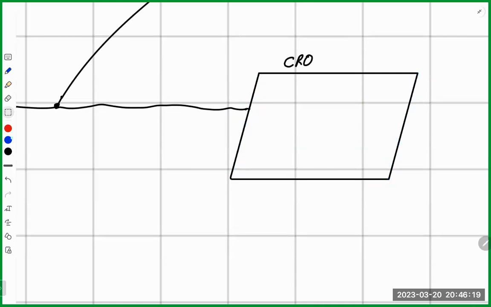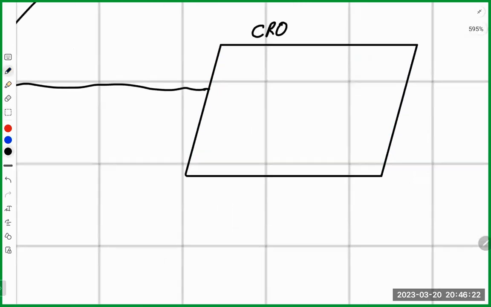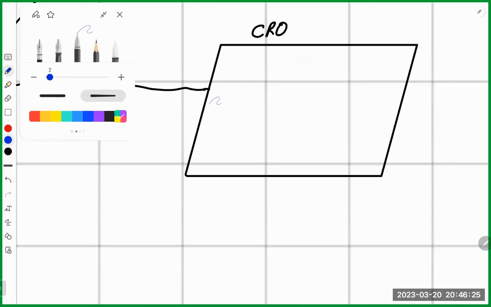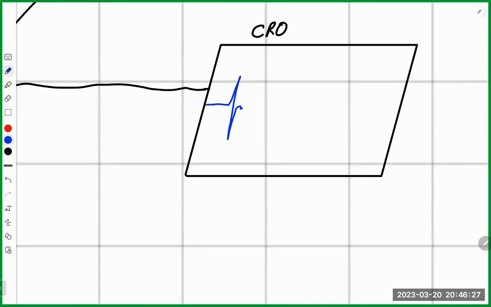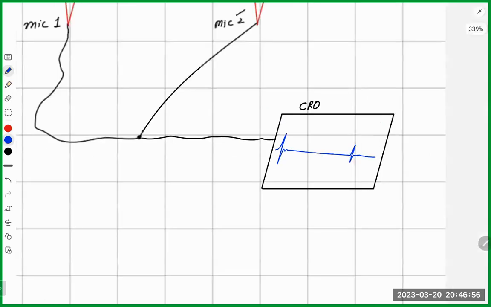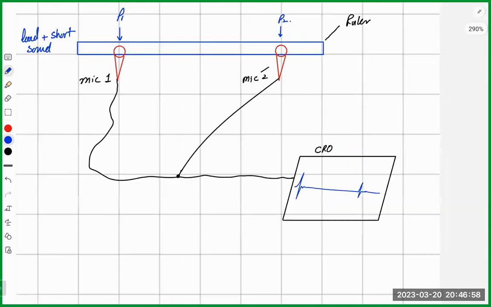On a CRO, we will observe, okay, so what happens is first sound goes into microphone number 1.